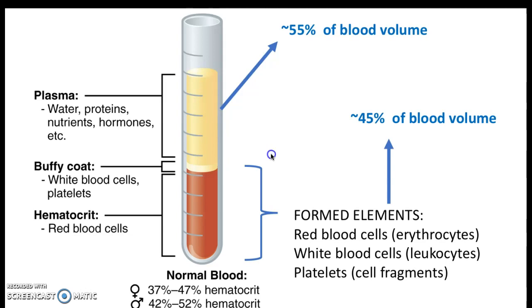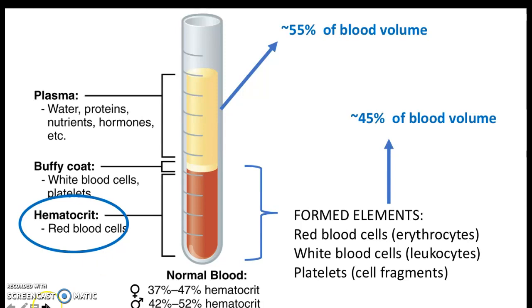We have a particular term to describe the volume of the blood that's composed of red blood cells. We call that the hematocrit. It's a technical term that refers to the percentage of the volume that is red blood cells.